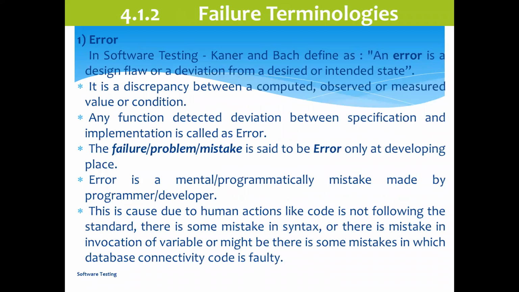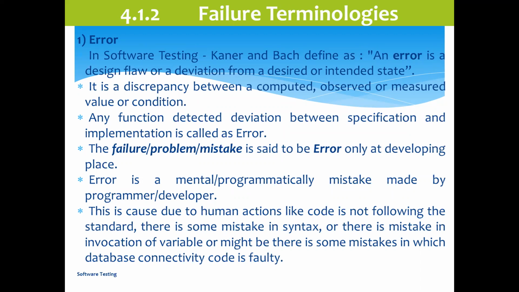Okay, now coming to failure terminologies. Basically three terminologies are there in this failure. All are part of one failure only. One is error, another is bug, and third one is defect. So what is error, what is defect, what is bug? All are related to failure. Failure means problem. Problem means some mistake happened.